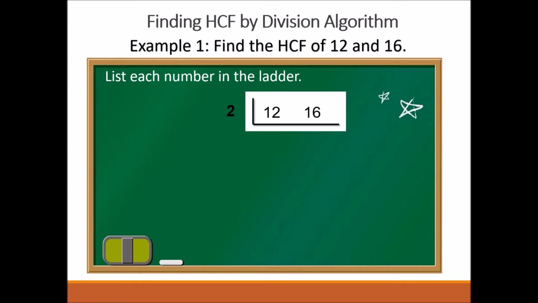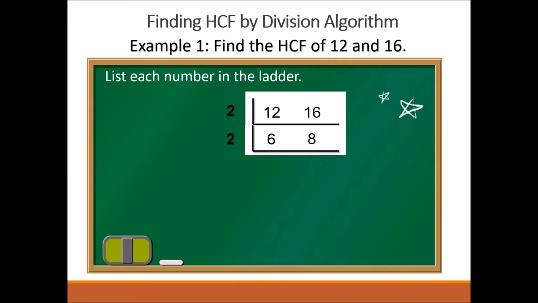12 divided by 2 is equal to 6, and 16 divided by 2 is equal to 8. Then we are going to continue dividing 6 and 8 since both of them can be divided by the common prime factor. 6 and 8 are divisible by 2.